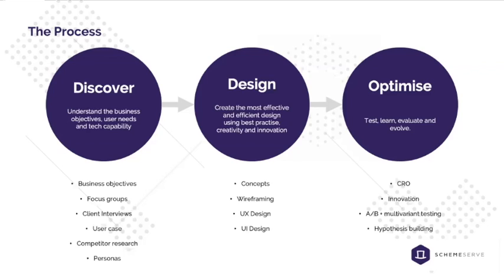Now, what A/B testing is: imagine you've got a website and you send 50% of people to that website. You send 50% of people to a variation of that website. So things on the variation might be laid out differently. There might be different colors, and you see which variation is getting the better results.